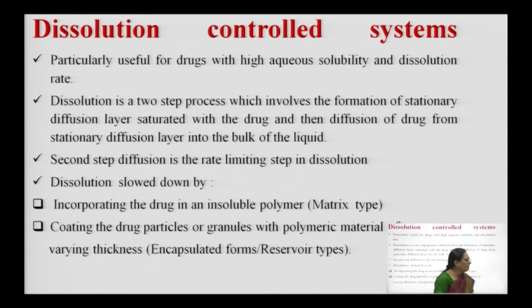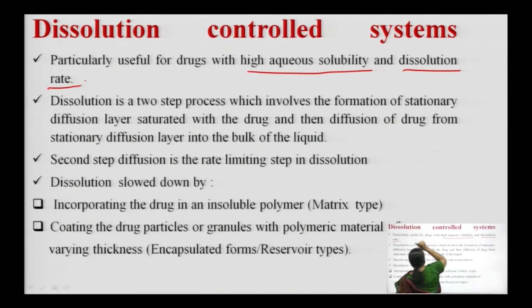So, the first point that has been mentioned here is that these systems are particularly useful for drugs with high aqueous solubility and high dissolution rates, because otherwise these drugs will be readily available for absorption in the body. In a controlled drug delivery system, basically we want to slow down the release of the drug, slow down the availability of the drug for absorption purpose.